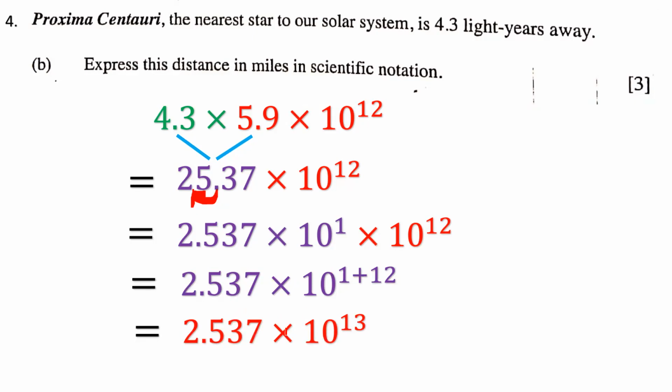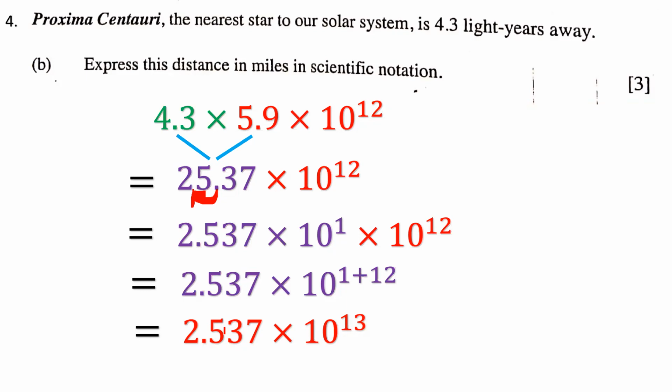And that's why we needed to change this number 25.37, because it's too much. It should not be bigger than 10. So our result is 2.537 times 10 to the power of 13. And we know that is in scientific notation because 2.537 is less than 10 but greater than 1.